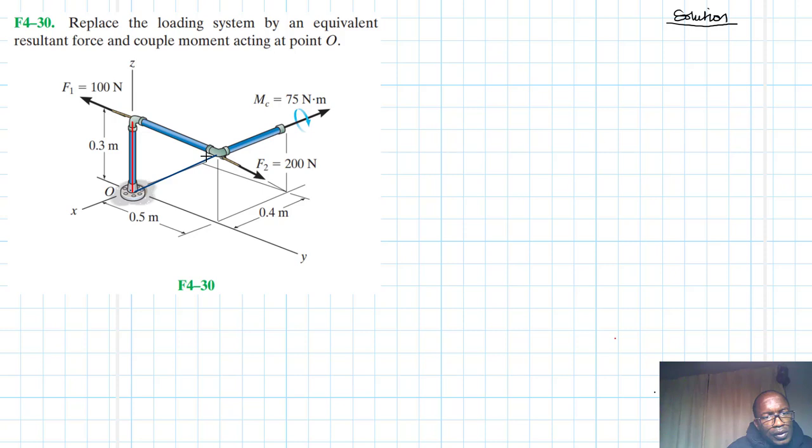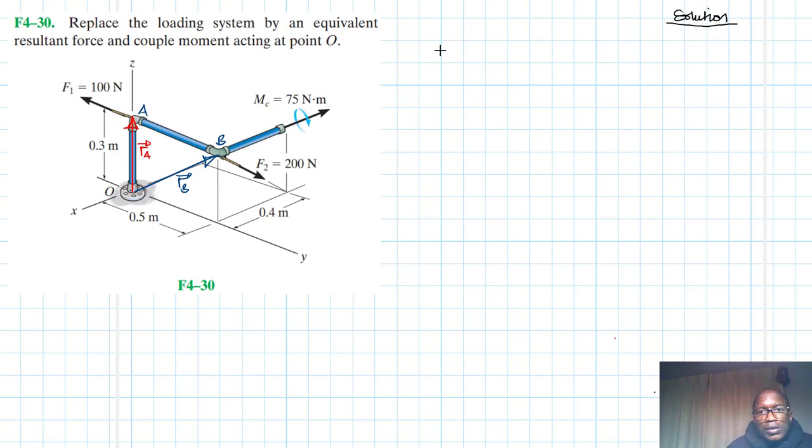Alright, so this is our R, let's call it RB. Okay, with this point let's call it B, let's call this A, and then we call this as our RA.